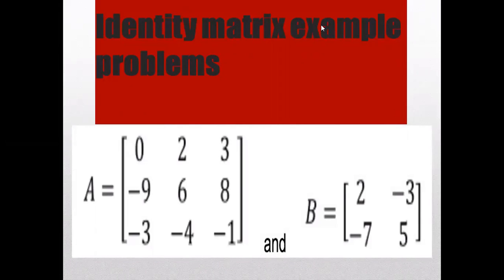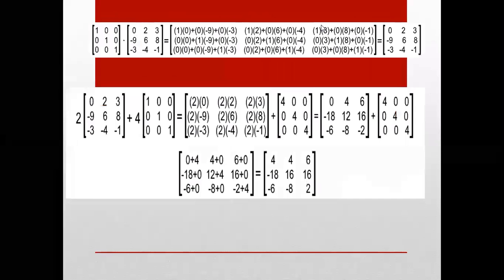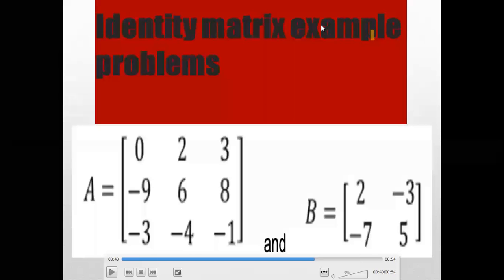The second matrix is 2, minus 3, minus 7 and 5. Let's see some operations on this. Let me show you the matrix once again.